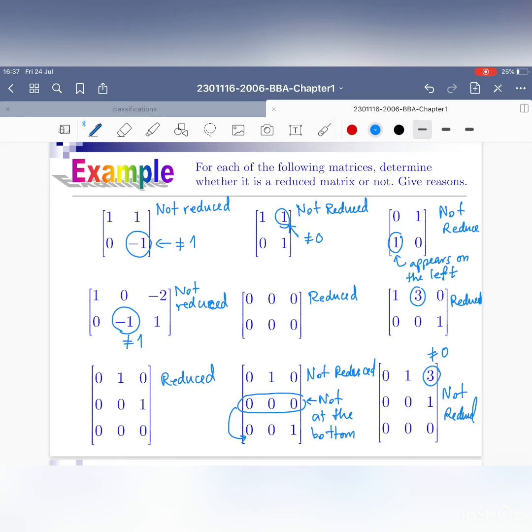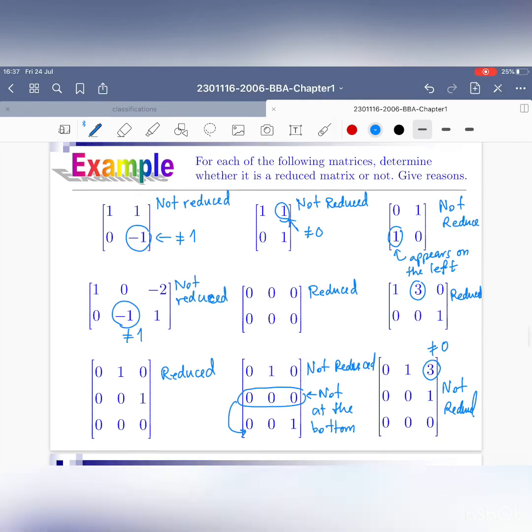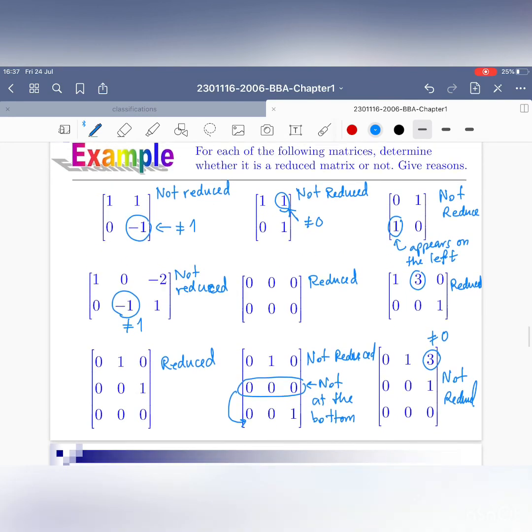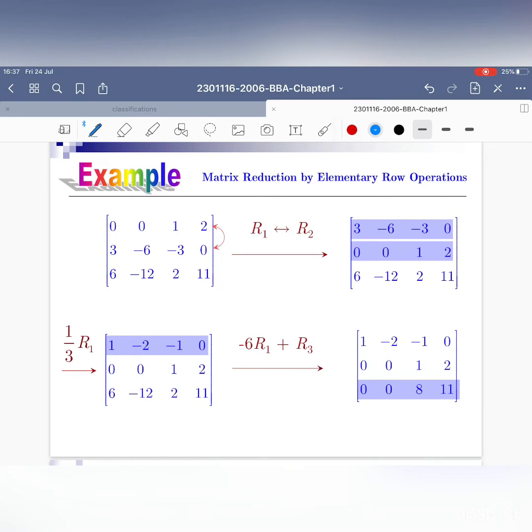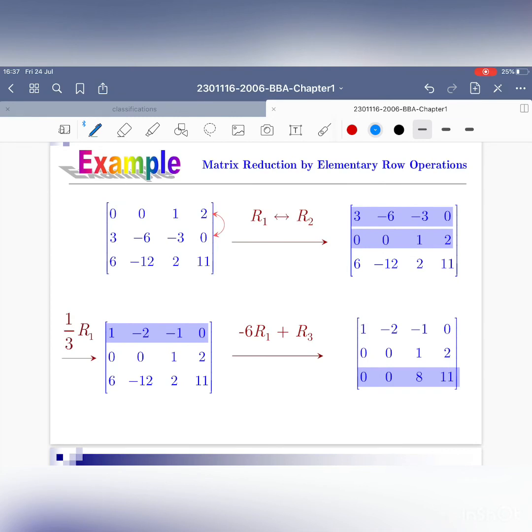So you may need to look at this example again to see which one is reduced, which one is not. And what we are going to do is try to change the matrix into a reduced matrix, or we sometimes call it matrix reduction, by using the elementary operations.